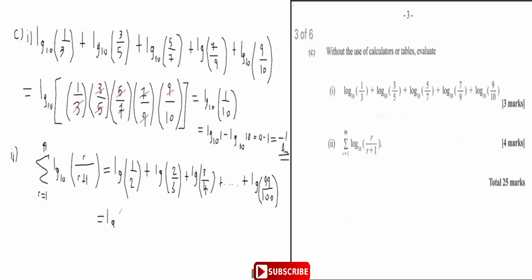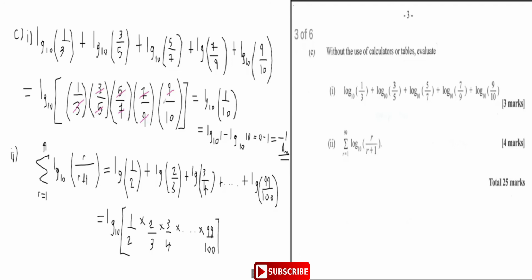So all of this is going to work out to be log to base 10 of a half multiplied by 2 over 3 multiplied by 3 over 4 multiplied by 4 over 5 multiplied by 5 over 6 multiplied by all the way down to multiplied by 99 over 100. All right, nice and easy.